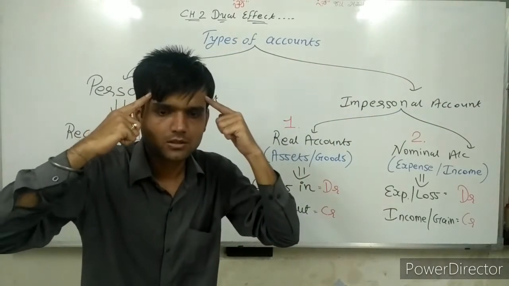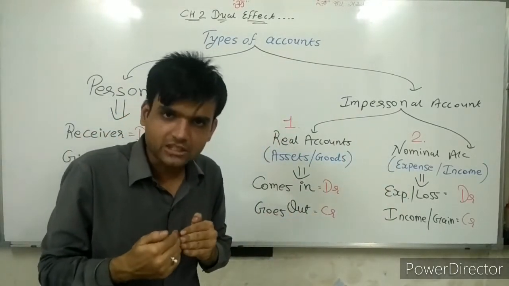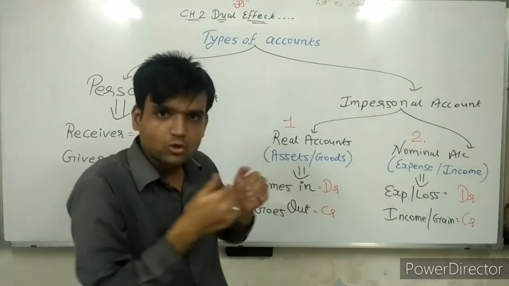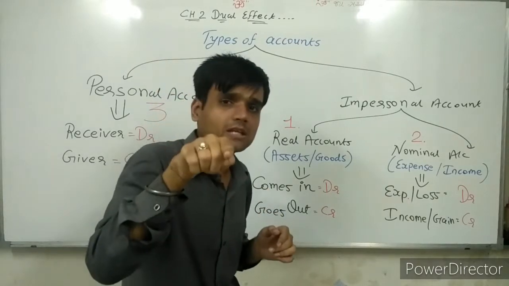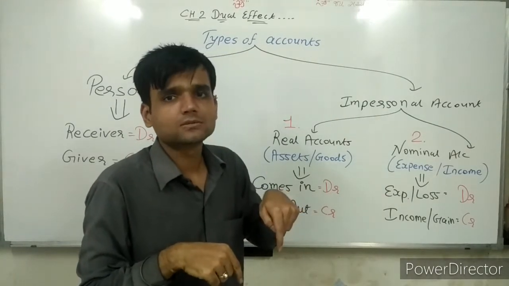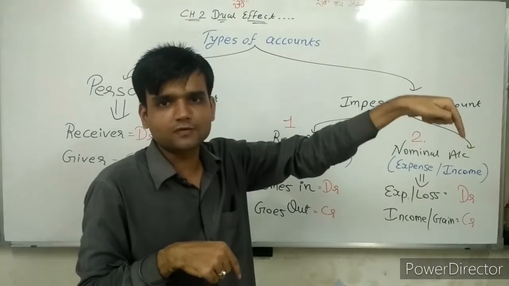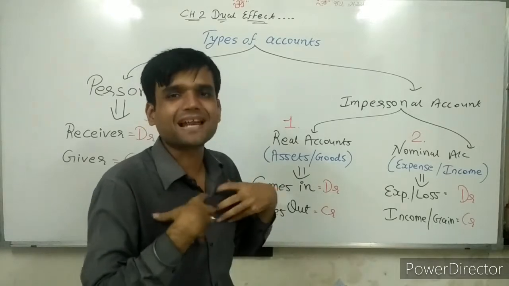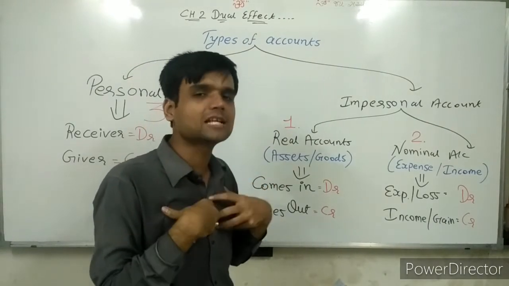Now think, 50,000 rupees comes in the business. What comes in? 50,000 rupees comes in the business. Who is giving this 50,000 rupees? Ranchod, the owner of the business, is giving 50,000 rupees to the business. And we are writing the account of the business only.